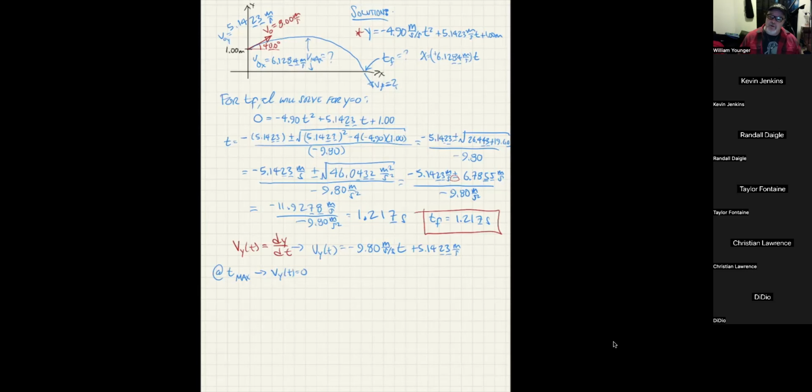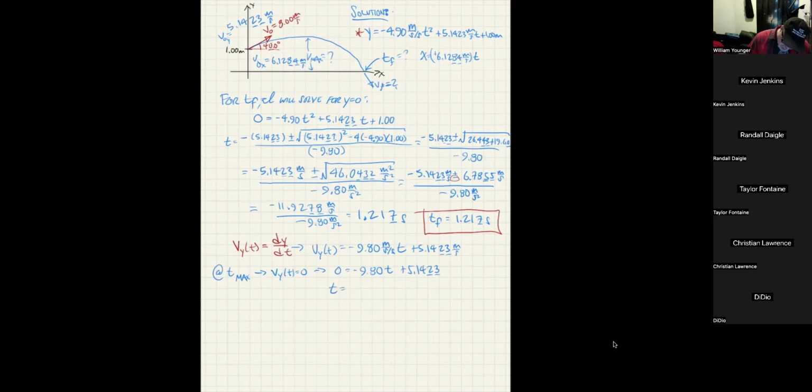If it's a negative number, then it came from a spot higher at which its velocity was lower. So I have to set it to 0. And in doing so, that gives me 0 is equal to negative 9.8, we've already worked out the details on the units, plus 5.1423.